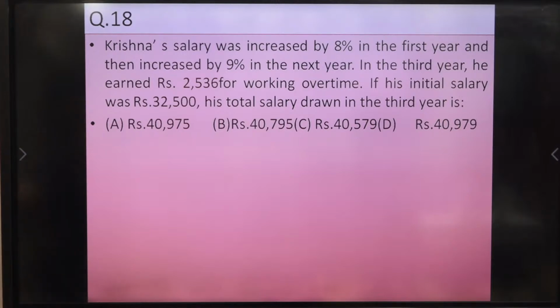Asthmi, solve the problem, write your answer. Sonu, and any other who has joined late.